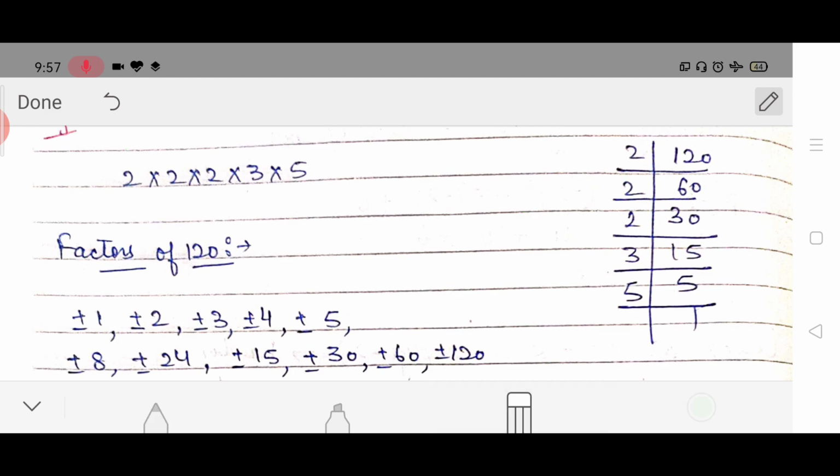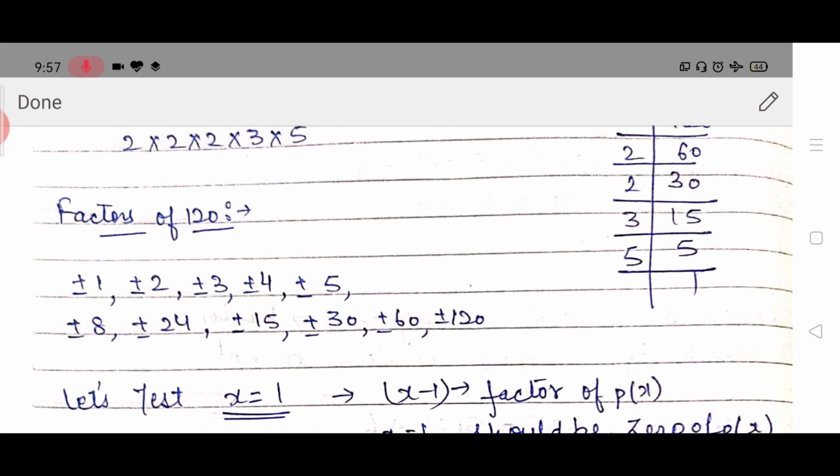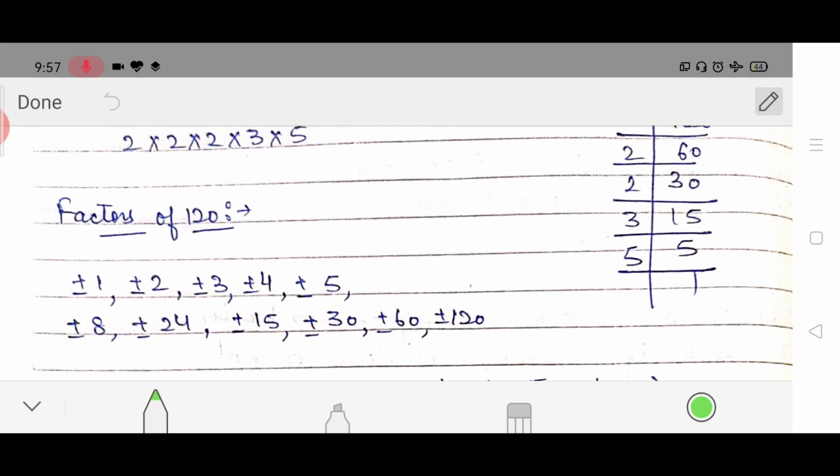Now you can see that we have written here the factors of 120. Always keep in mind that 1 is a factor of every number. Moving on, you can see here 2, so we have written plus minus 2. Again we have 3, so we have written 3. Again we have 5, so we have written 5.